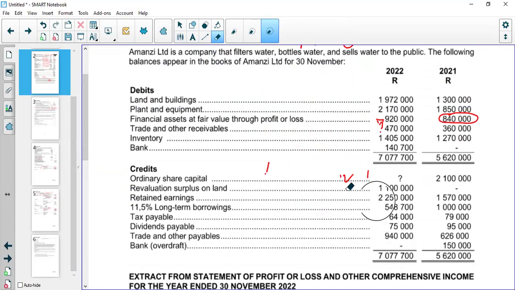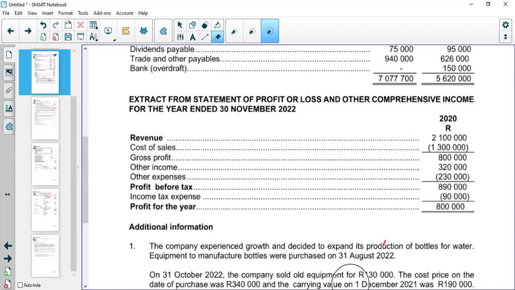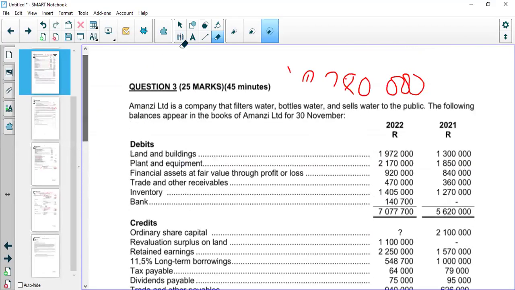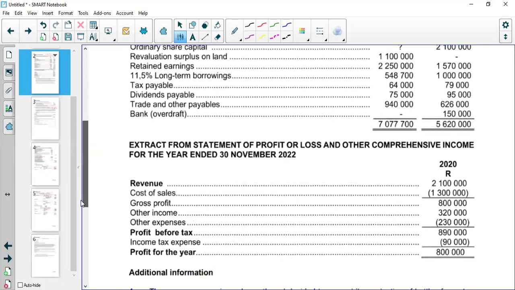For our PPE, let's do an accounting for PPE. Well, let's start with land and buildings. So land and buildings, we'll start with 300,000. This is land and buildings. So let's look at any transactions that happened here.